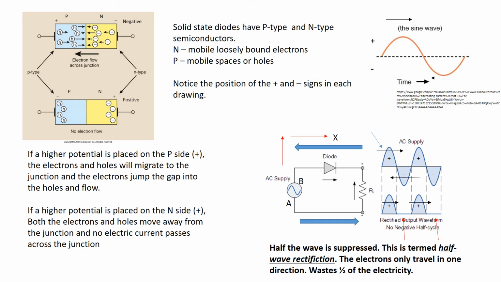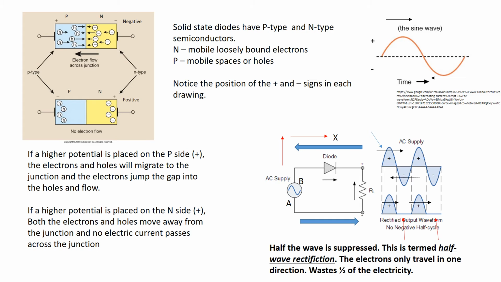When we look at the solid-state semiconductors here, we have an N-type and a P-type. We usually refer to these as PN junctions, meaning there's an area where the P semiconductor butts right up against the N semiconductor.